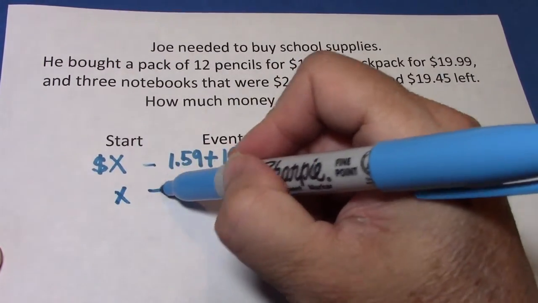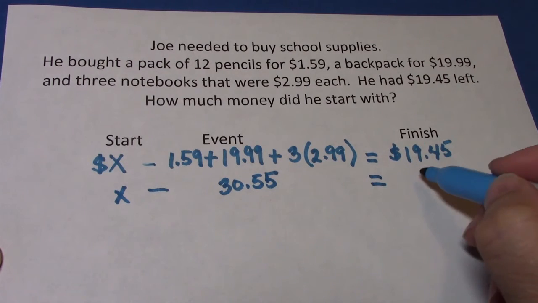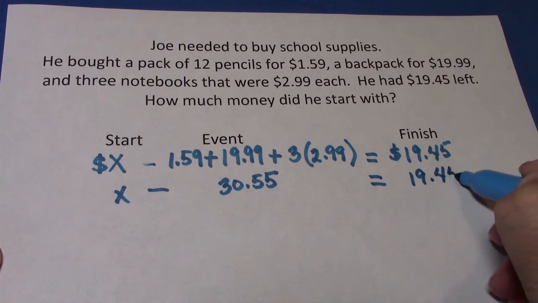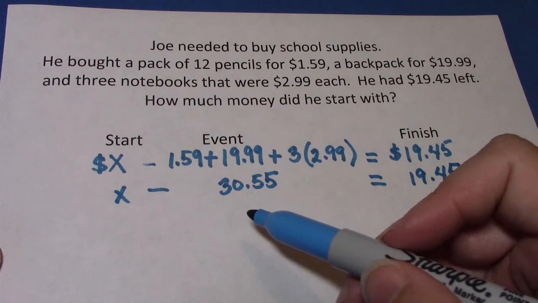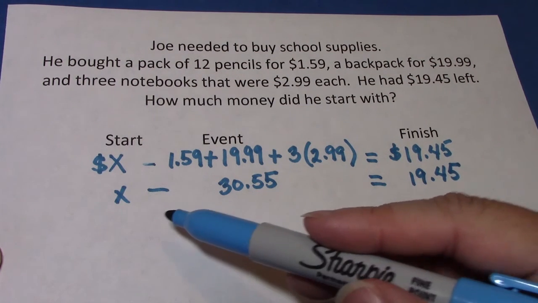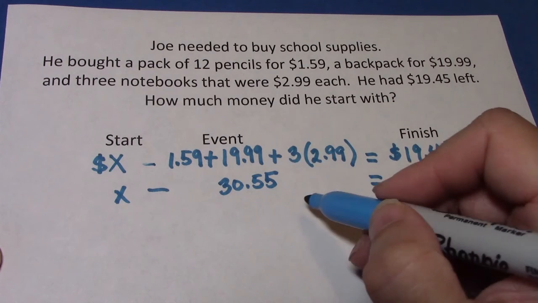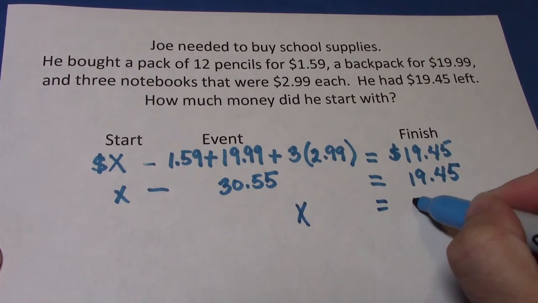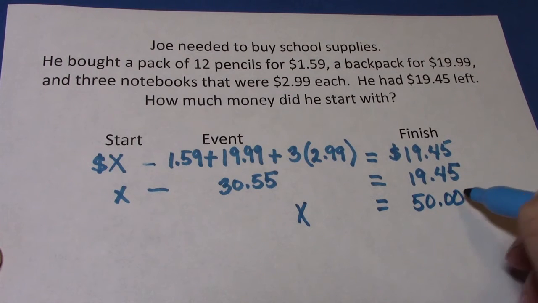So x minus $30.55 equals $19.45. We need to add $30.55 to both sides of the equation because that's what's being taken away from x. And when we do that, we get x equals $50.